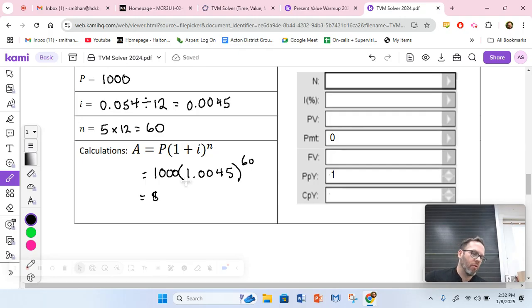You should do it too. Double check. This seems reasonable though. 1,309.17. Anyone else get that?